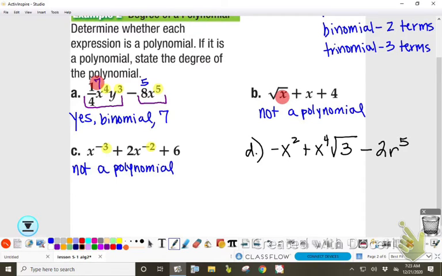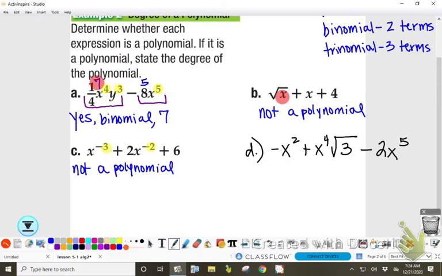I'm sorry, let me erase that r, that should be an x. I copied that from Delta Math, or somewhere, I don't even remember where, and I wanted them all to be x's instead of the variable r. So negative x squared plus x to the 4th square root 3 minus 2x to the 5th.